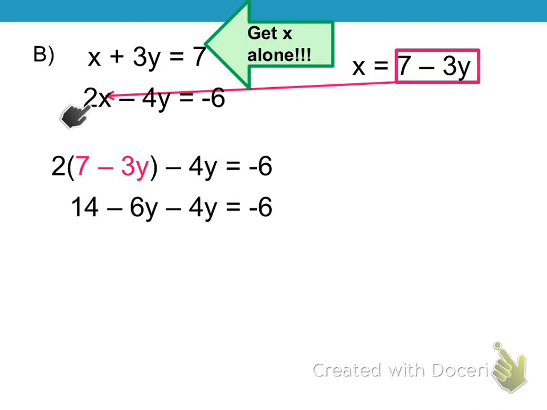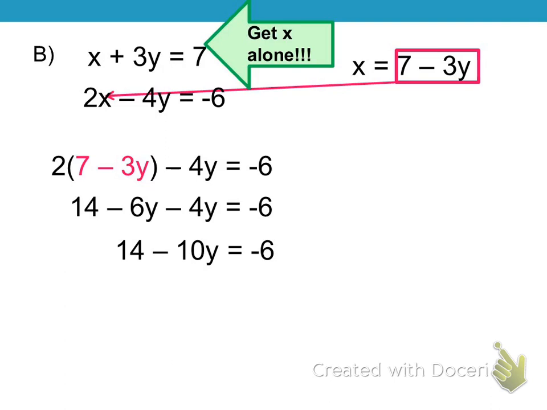People will put it in for the x, but they won't use parentheses, or they will use parentheses, but they'll only multiply the first term by it. So make sure that you're multiplying everything that's part of that x value, the 7 minus 3y, by the 2, okay? So distribute the 2, and now just solve this equation. So combine your like terms. They're both negative, so add them, keep the negative sign.